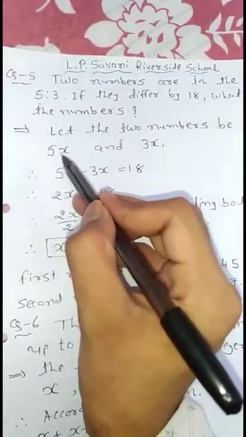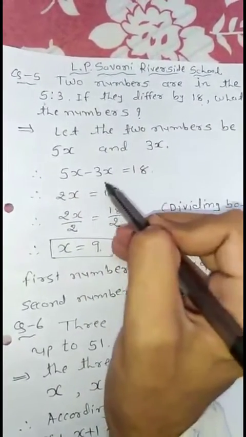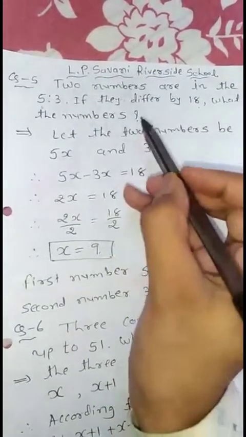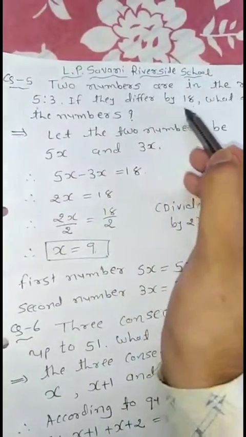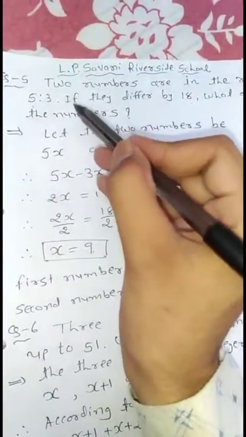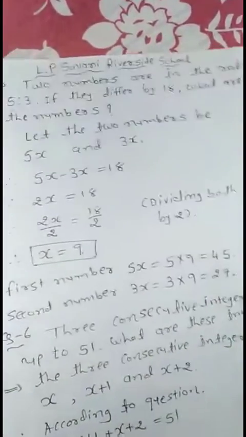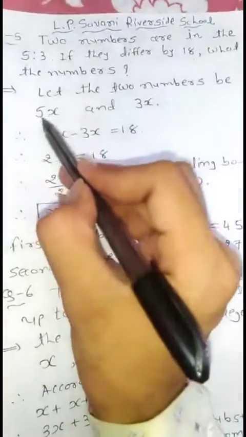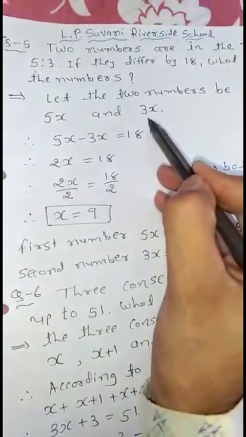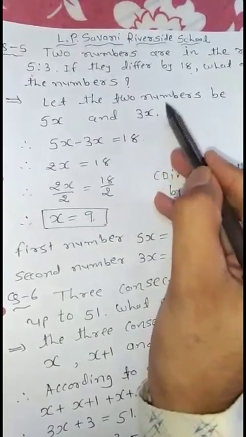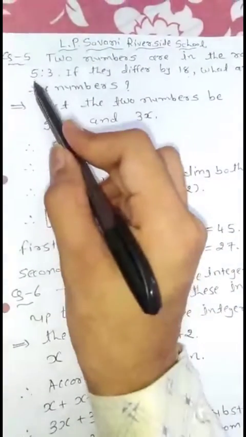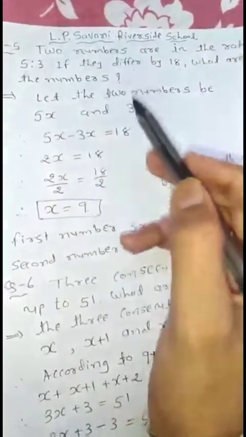So 5x minus 3x is equal to 18, because they differ by 18. Our first number is 5x and the other number is 3x. I assume the numbers from the ratio 5 to 3.